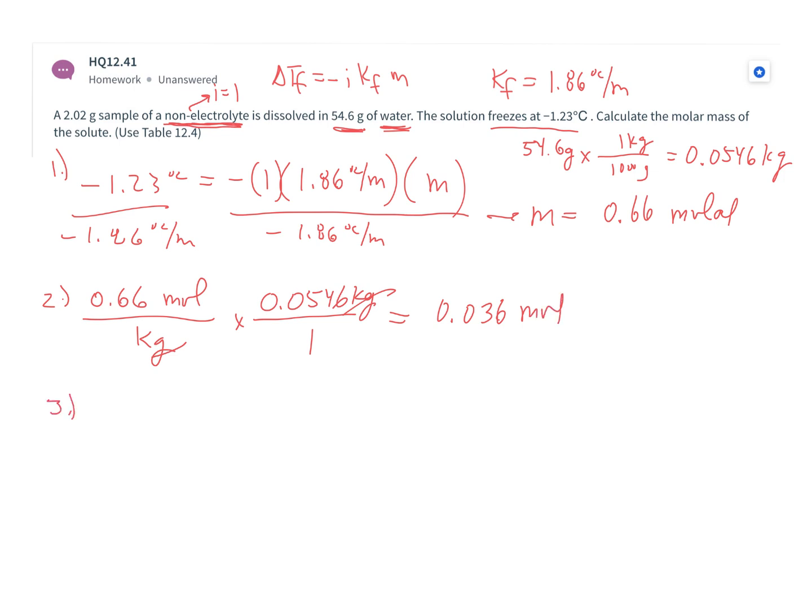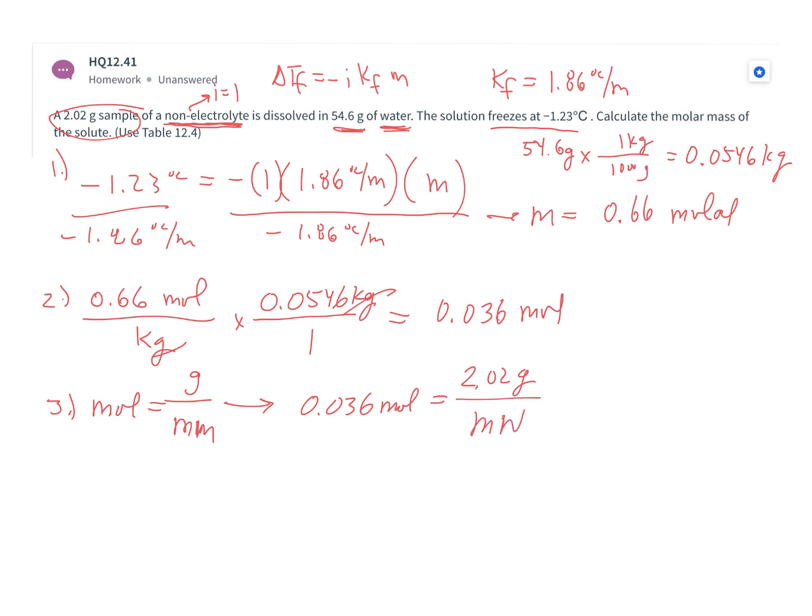Now to find my molar mass, we know moles equals grams over my molar mass. So I know moles, I've got 0.036 moles, and I know my mass, 2.02 grams of that.